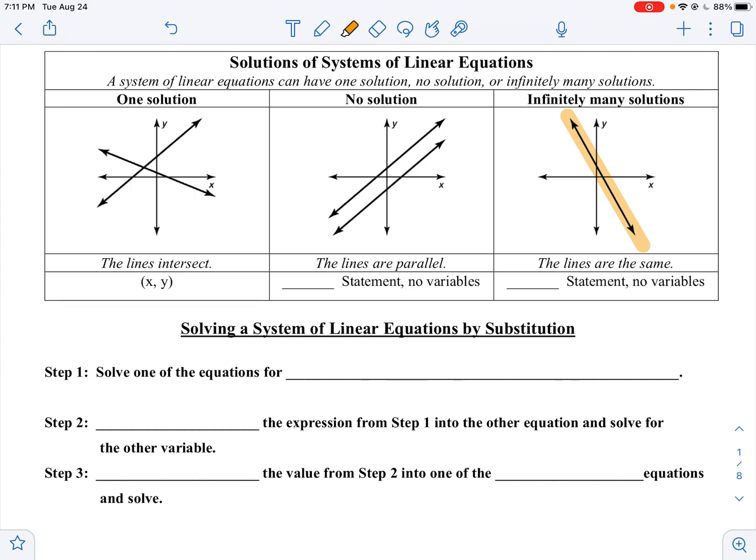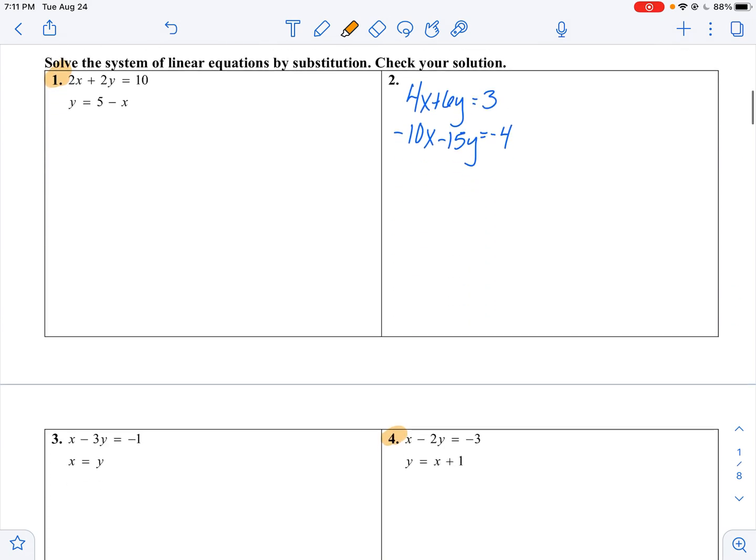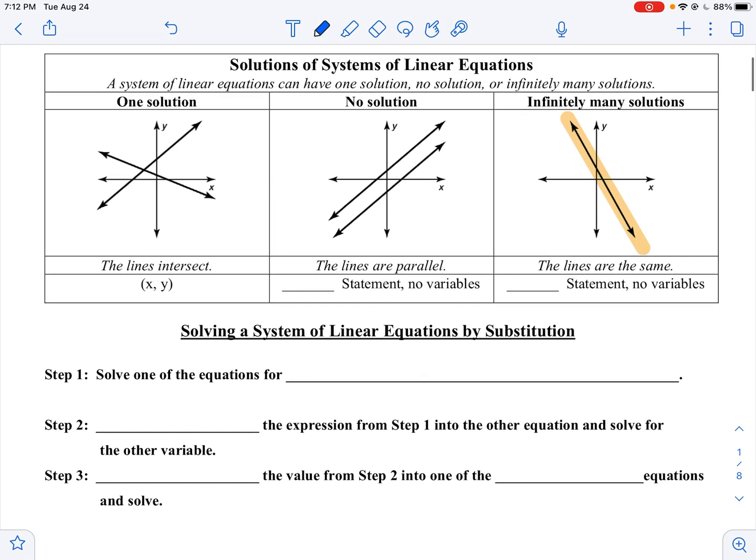And how do I know algebraically what that's going to look like? Well, I've got a few problems selected. If I have one solution, I get a nice ordered pair. If I have no solution, I'm going to get a false statement.